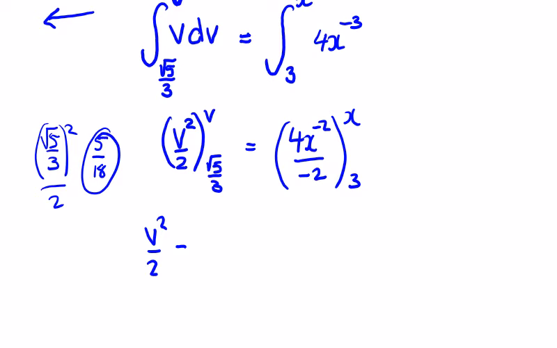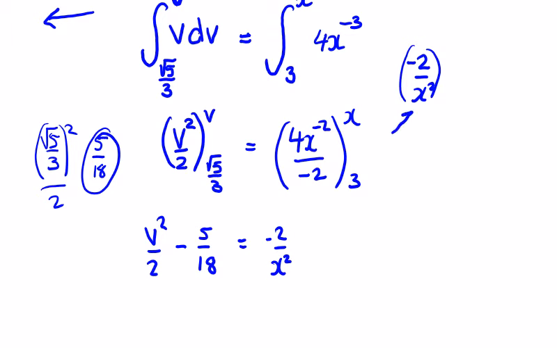So we're going to get v²/2 minus 5/18 is equal to, well, tidying up this, we're going to get 4 divided by minus 2 is minus 2/x². If we bring the x squared down, and putting in x, so we're just going to get minus 2/x².